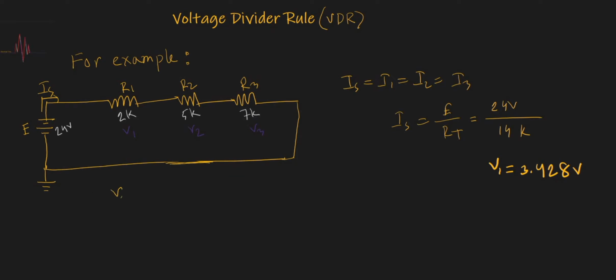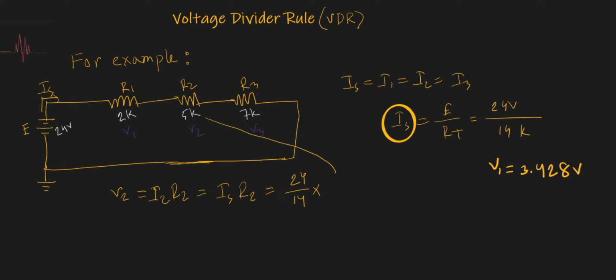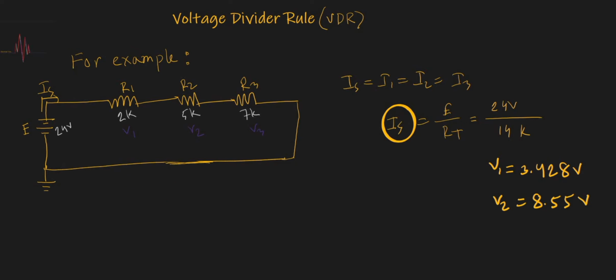Similarly, V2 equals I2 into R2 equals Is into R2. Now we'll use the value of Is, 24 over 14, and this is the value of the second resistor, 5 kilo ohm, and the value of V2 is 8.55 volt, and V3 equals I3 and R3 equals Is and R3.